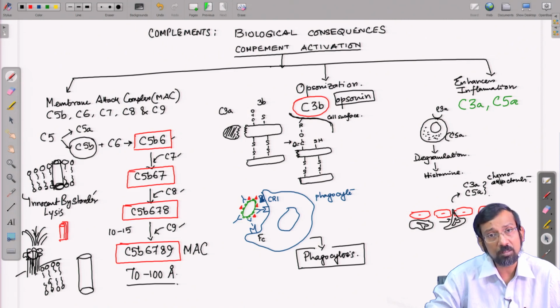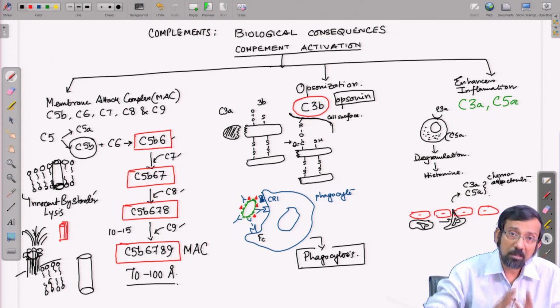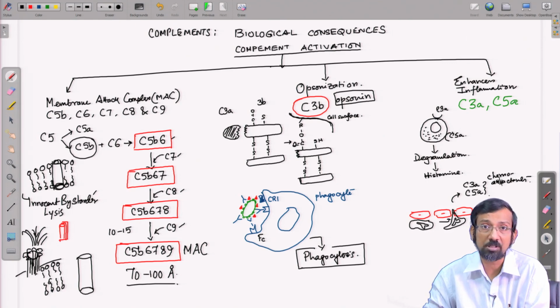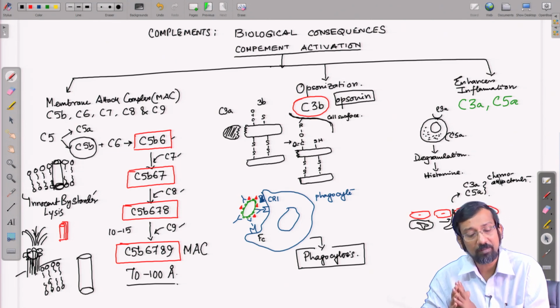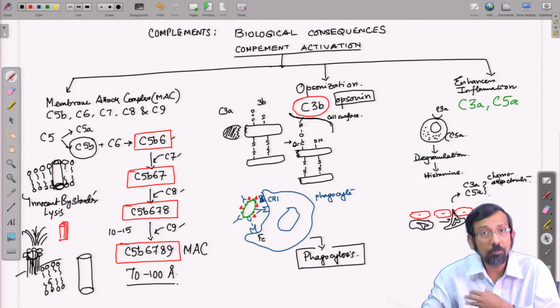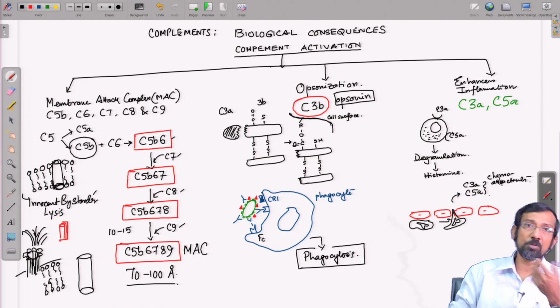Of course, there is a reason, and the reason is that there is a very tight regulation. There is another class of proteins which are known as the regulators of complement activation, the RCA. This class of proteins does not allow the complements to perform these functions, even if there is a cleavage, even if there is a breakage and formation of C3b, availability of C4b.